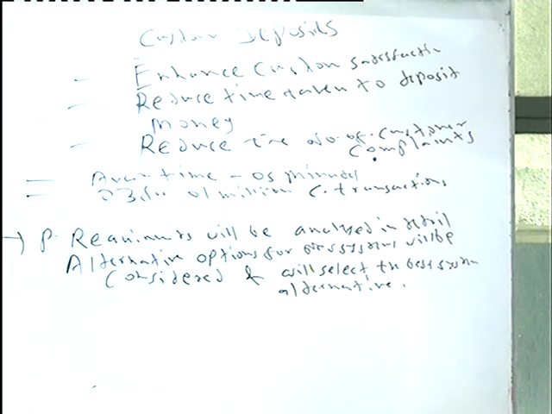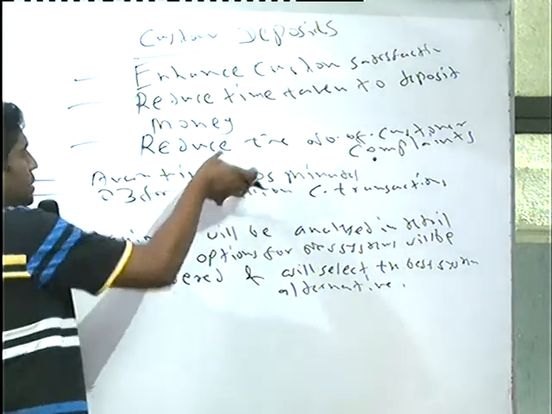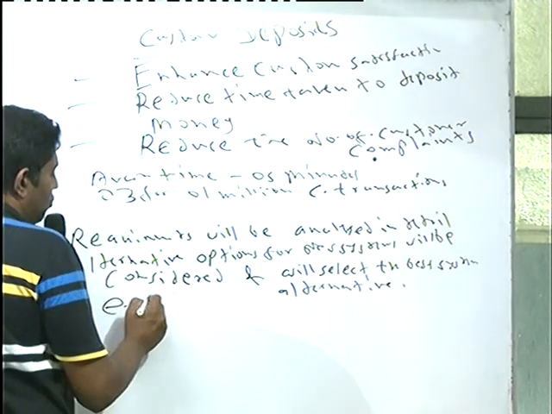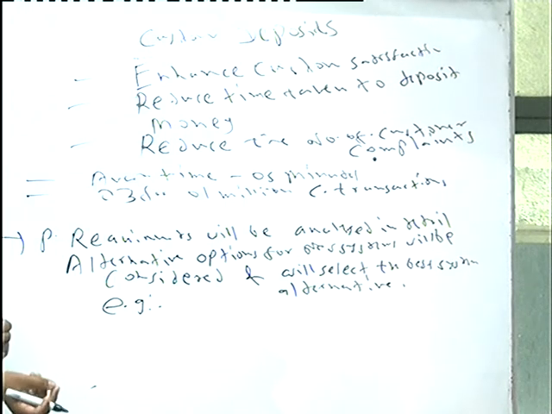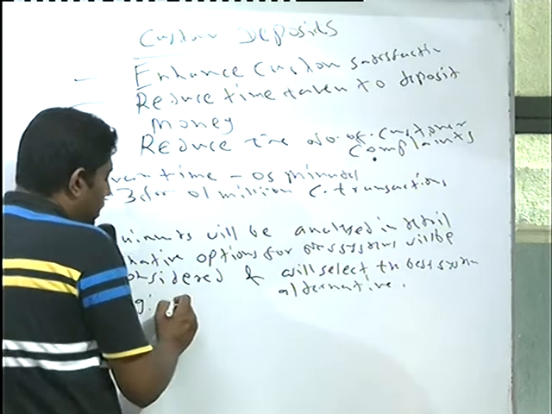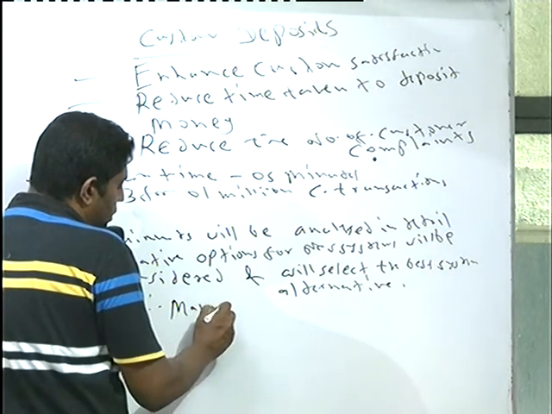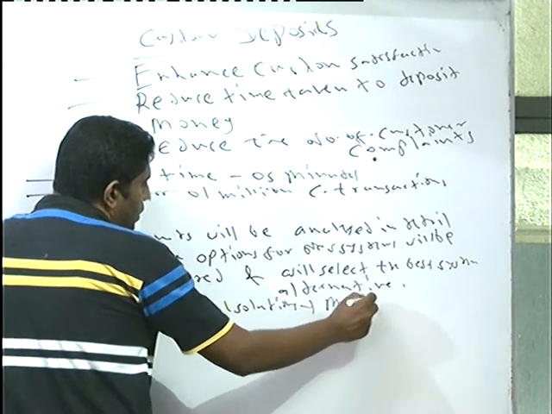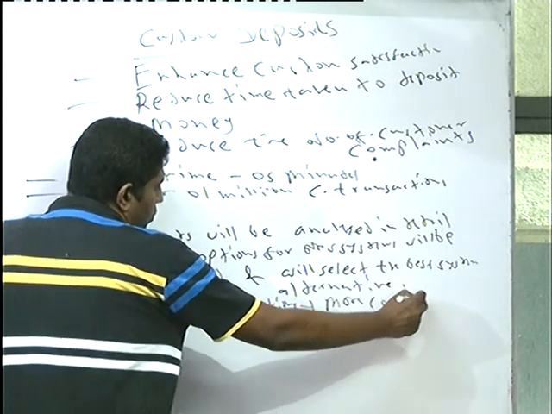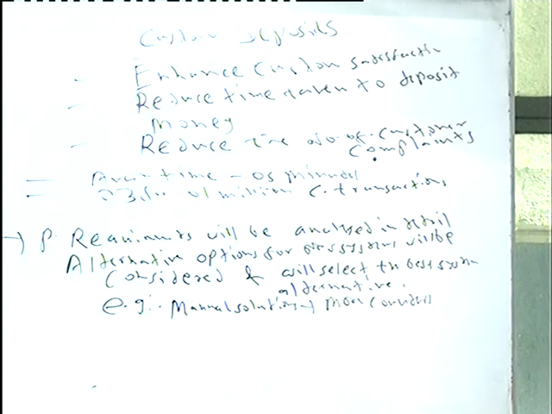If I go with an example here, regarding this requirement, I may look at a few technological solutions or manual solutions. One of the manual solutions is to have more counters. If you have more counters, what you can do?